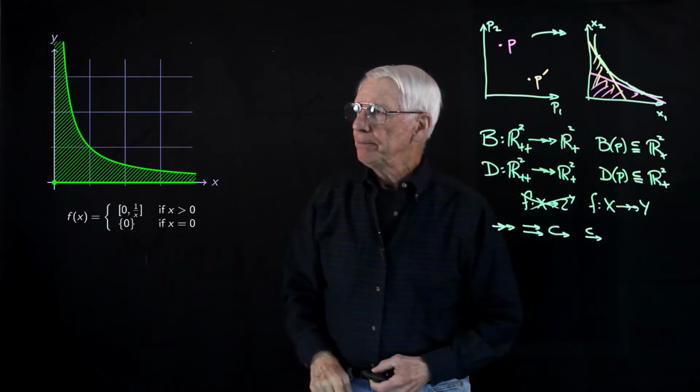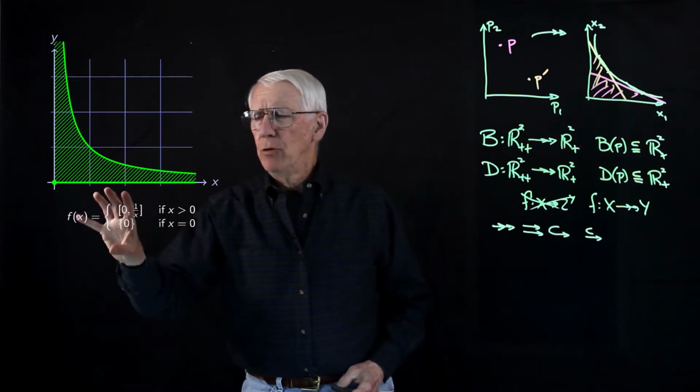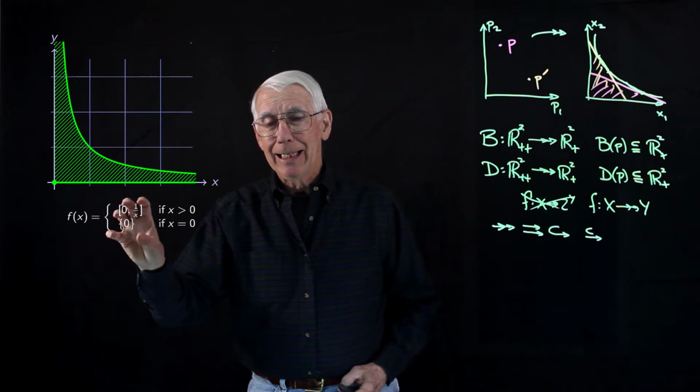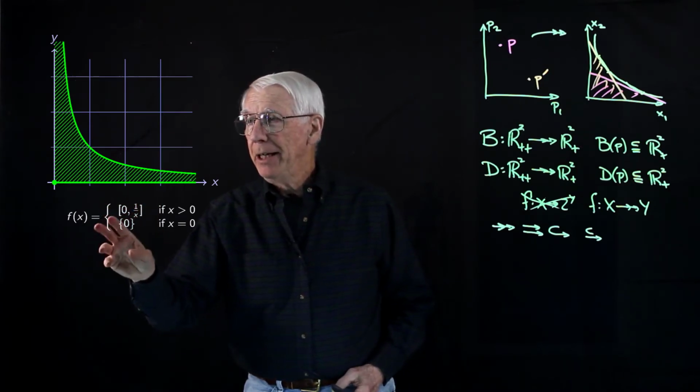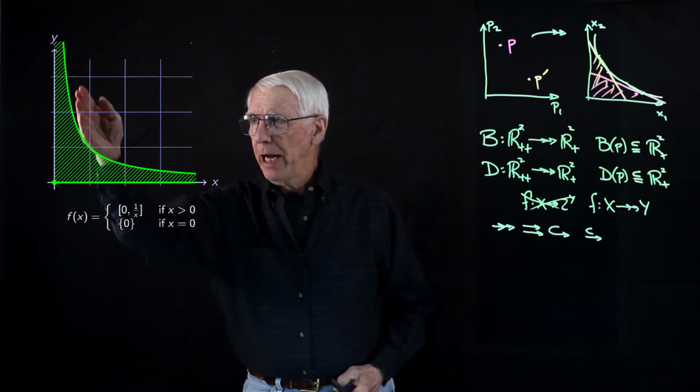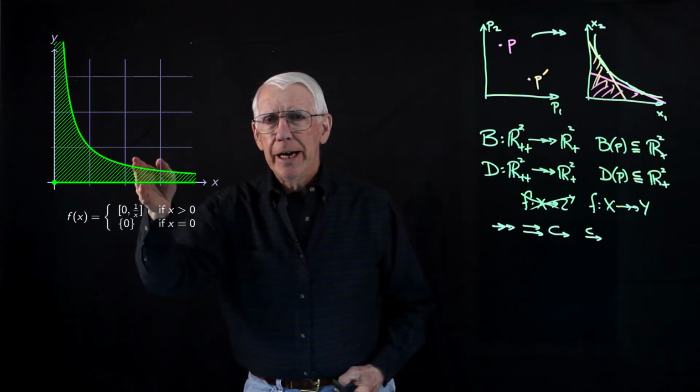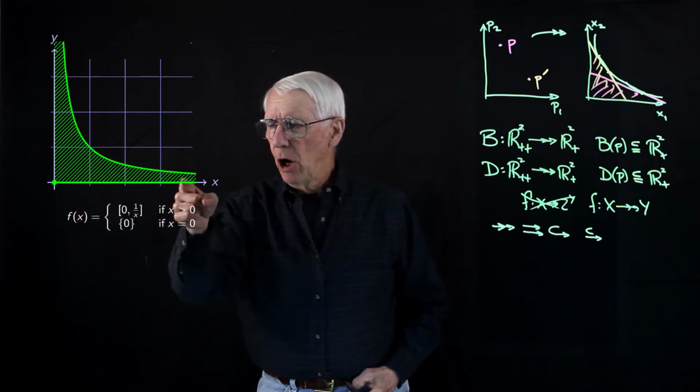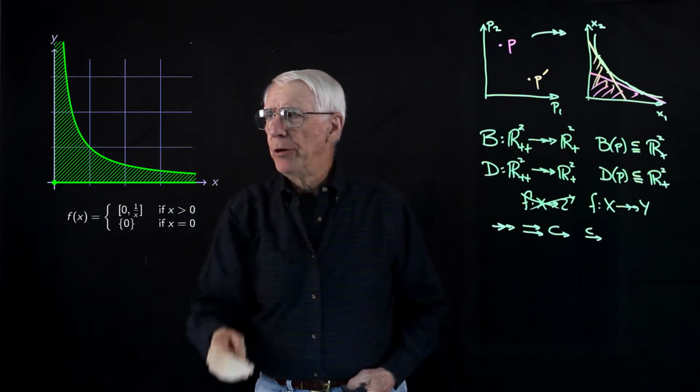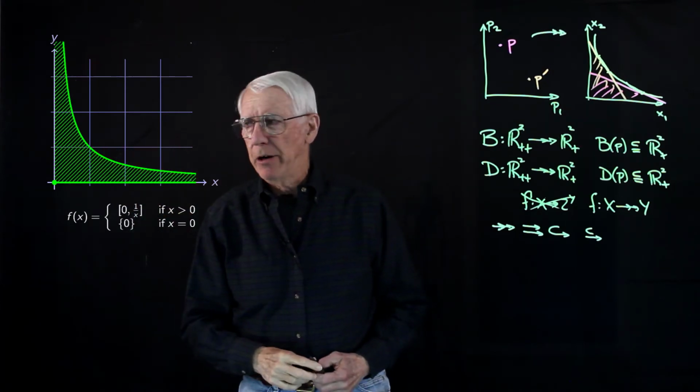Third example, here it's really pretty much like the second example, except that here I've filled in the area between the lower bound and the upper boundary of this area here.